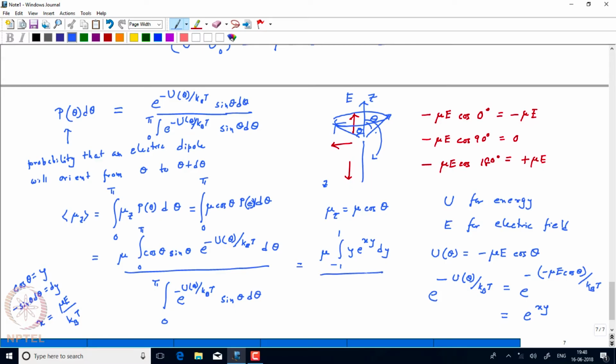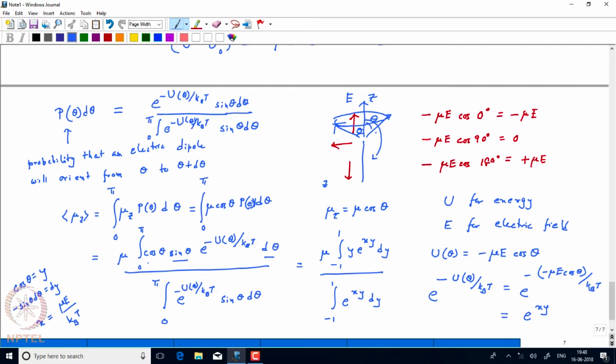Now, we can make this substitution very easily, and you will figure out that the denominator will be the integral of e to the power xy dy, and in the numerator I will have y times e to the power xy, because sin theta d theta is basically dy with a minus sign, and those two minus signs in the numerator and the denominator cancel out.